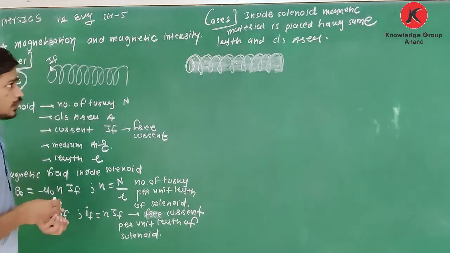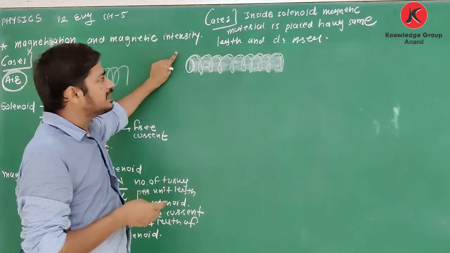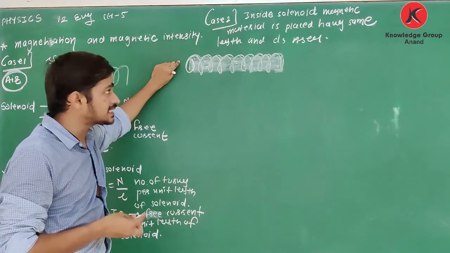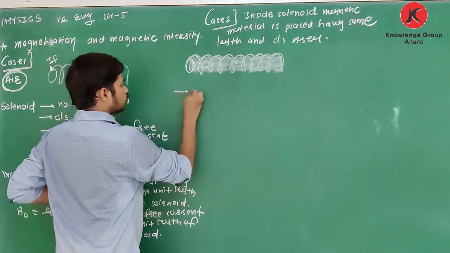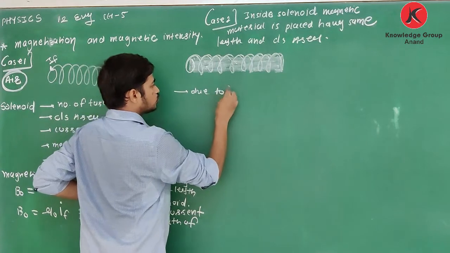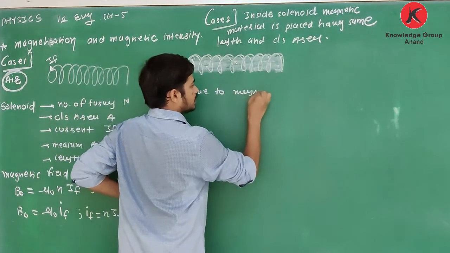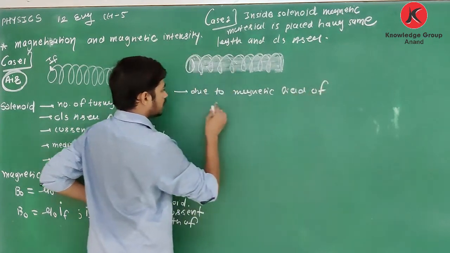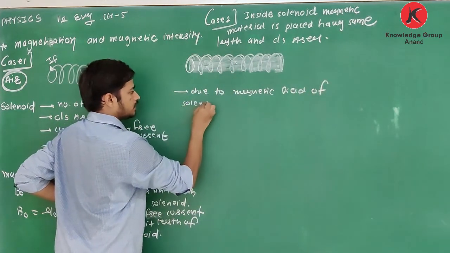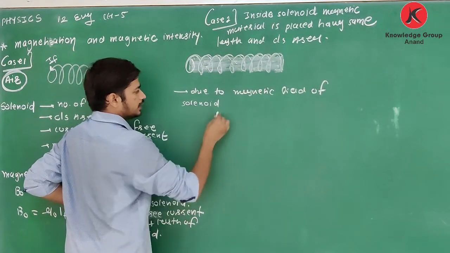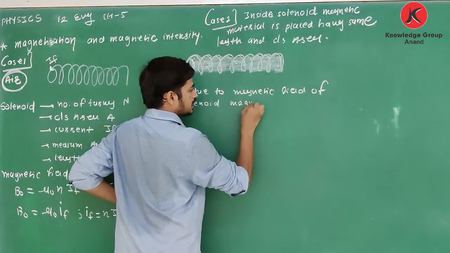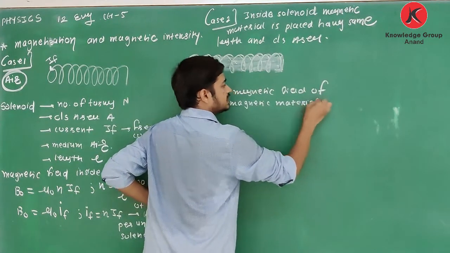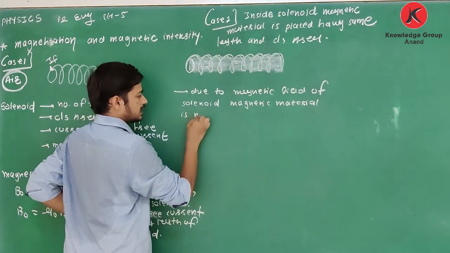So when a magnetic material is placed inside the solenoid, due to the magnetic field of the solenoid, the magnetic material is magnetized.